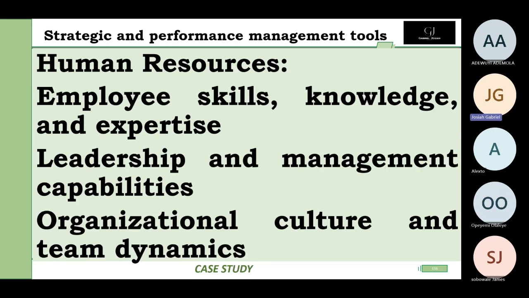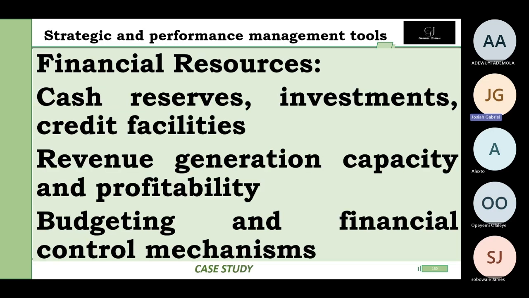We also have human resources talking about employee skill, the knowledge, the expertise, leadership and management, strategic, tactical, down to operational leadership. Organizational culture and team dynamics are areas of human resource that we could use for resource audits.